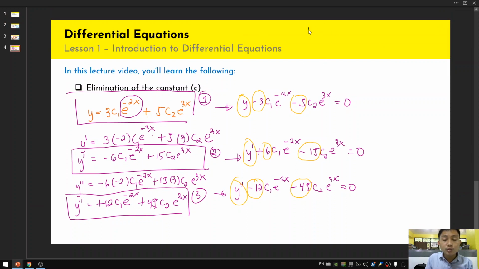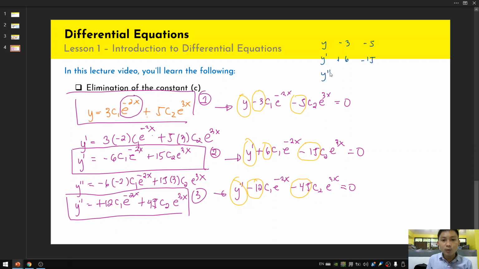We rewrite this way. So y, minus 3, minus 5. We have y prime, plus 6, minus 15.